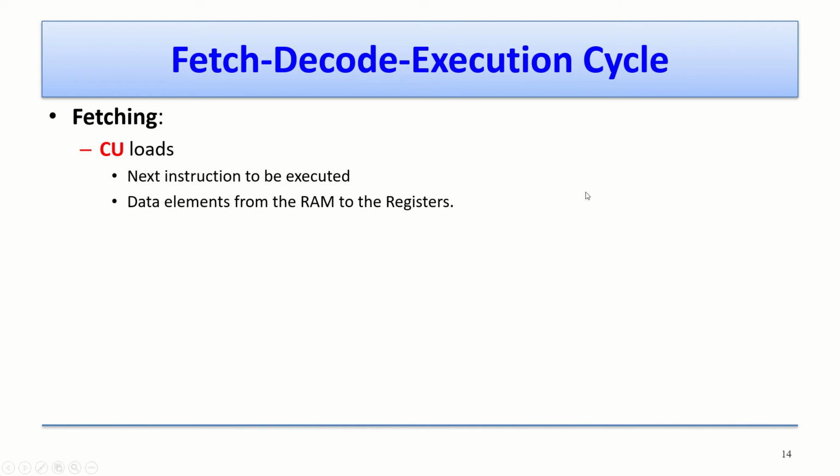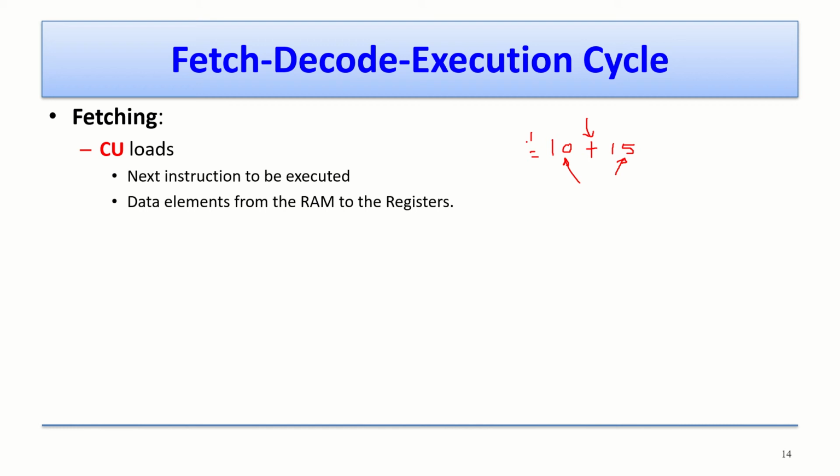For example, let's take a simple operation, say 10 plus 15. Here the 10 and 15 are called data elements.